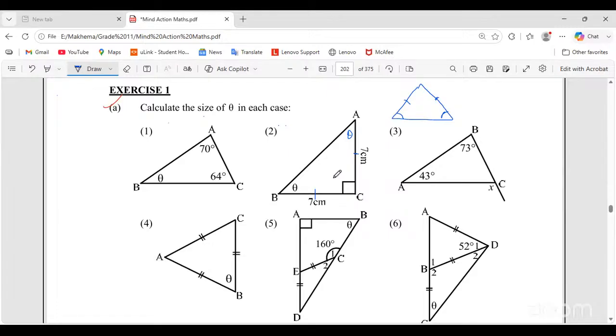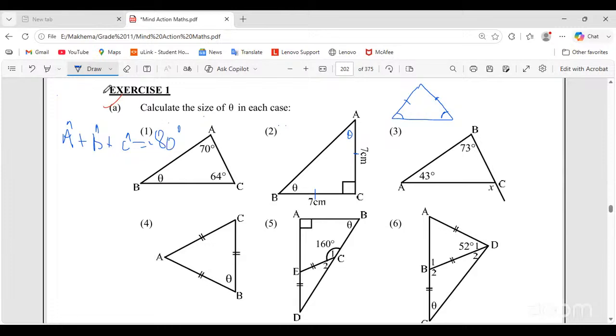So now, how are we going to find that unknown angle theta? We are going to say angle A, not just A, angle A plus angle B, not just B, plus angle C is equal to 180 degrees. This is only the statement.